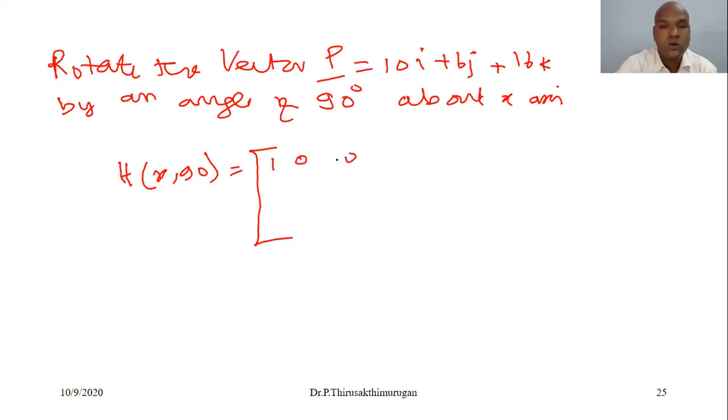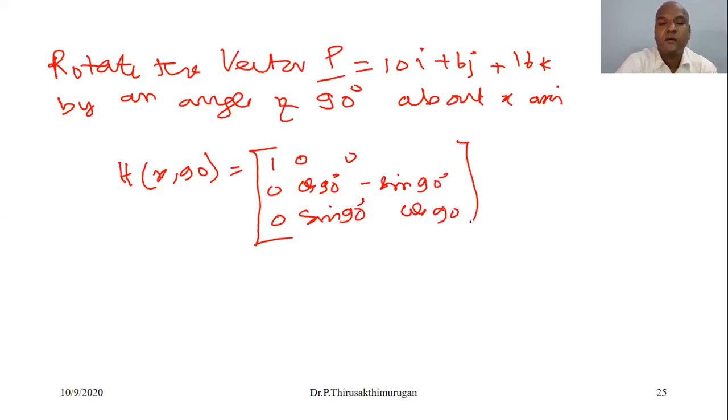1 0 0 0, 0 cos 90 minus sin 90, 0 sin 90 cos 90. Sorry, it's a homogeneous matrix, right? 0 0 0 here, 0 0 0 1. So this is a homogeneous matrix because a homogeneous matrix is 4 by 4.